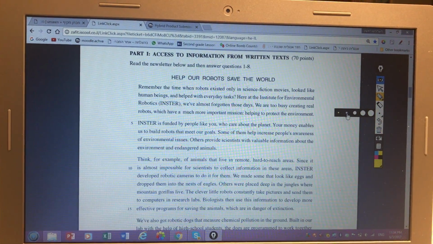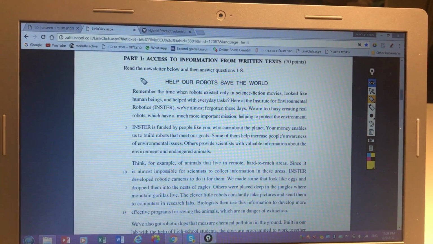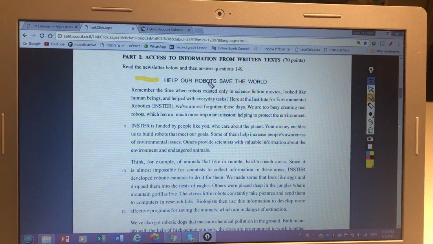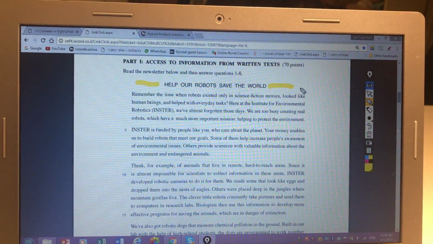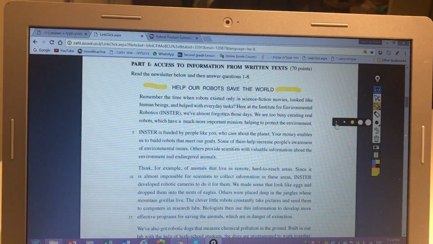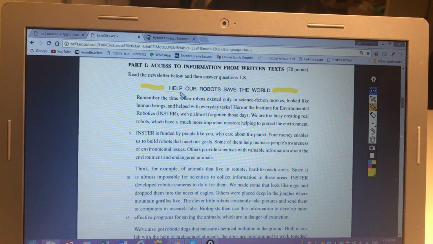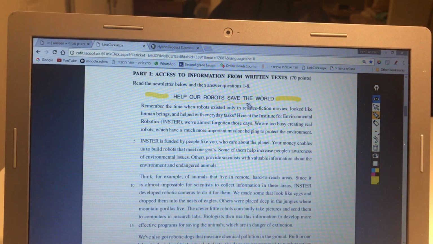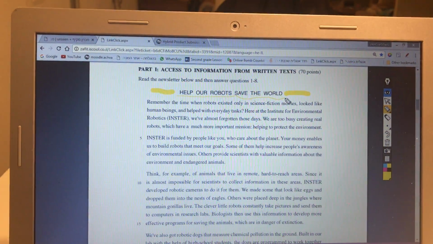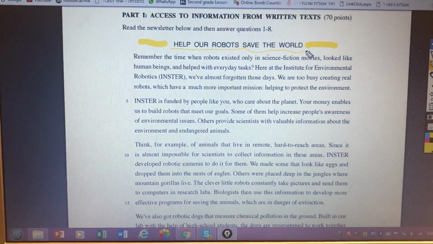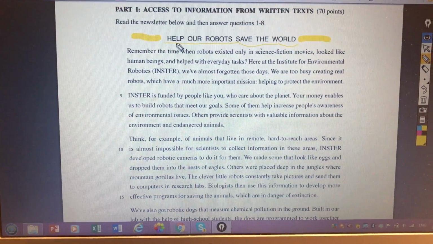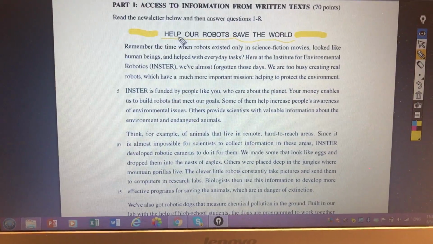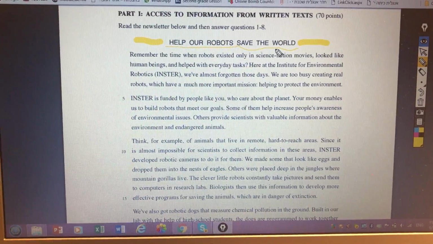Let's make it a little thicker so you can see. So I want you to take a look at the title. It's a little messy, but okay. What we have here is a title, and it's called Help Our Robots Save the World.